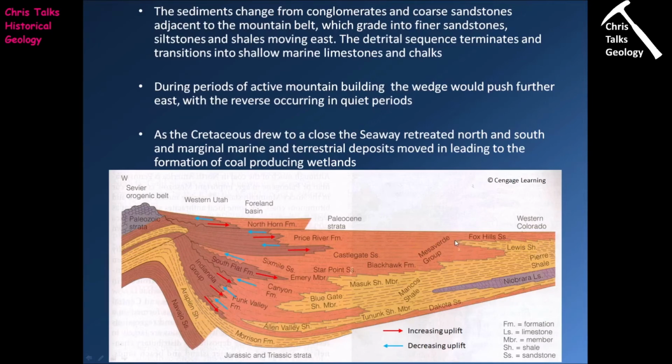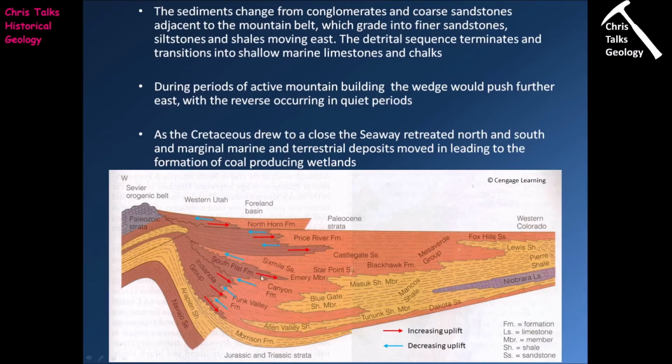And of course, this makes sense. We have sediments coming off the high ground over here. The coarsest sediments will be deposited first. Then the intermediate sediments will be deposited, and obviously the finest sediments will go the furthest. And so we'll have the muds towards the east. Of course, as we've discussed, sometimes on the eastern margin, the water quality does become good enough for the deposition of limestones.